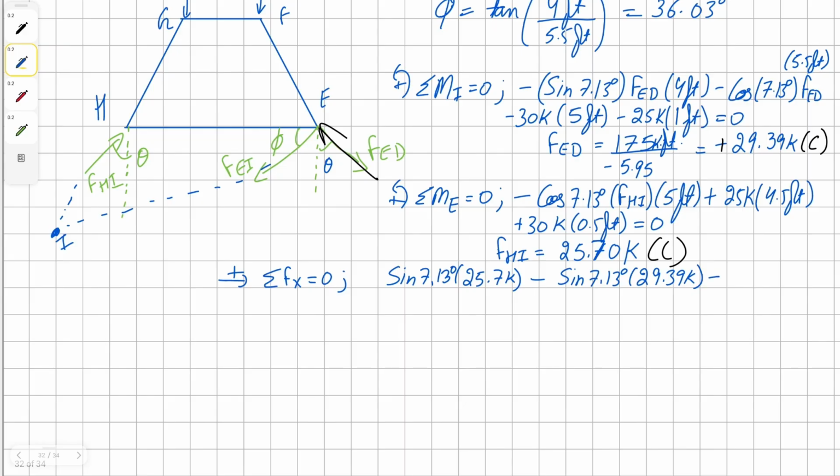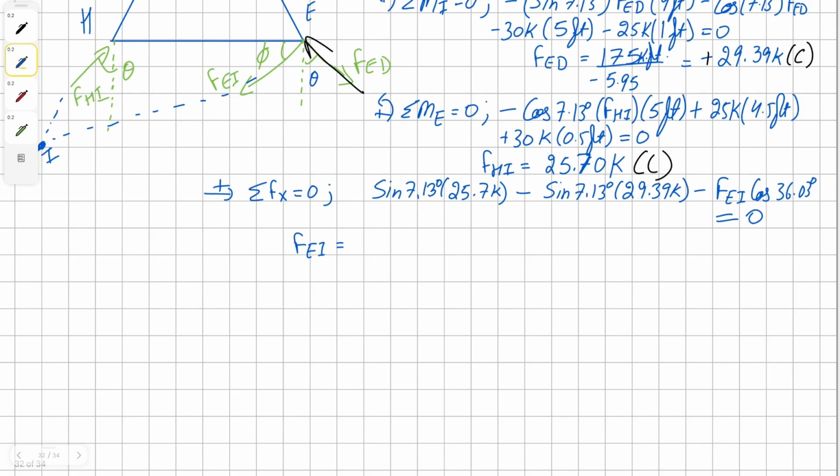And finally, the horizontal component of EI. All equals to 0. Solving for EI, we get our solution as negative 0.566K. Negative means, again, vector direction is wrong. Switching it over tells us that this member is in compression.